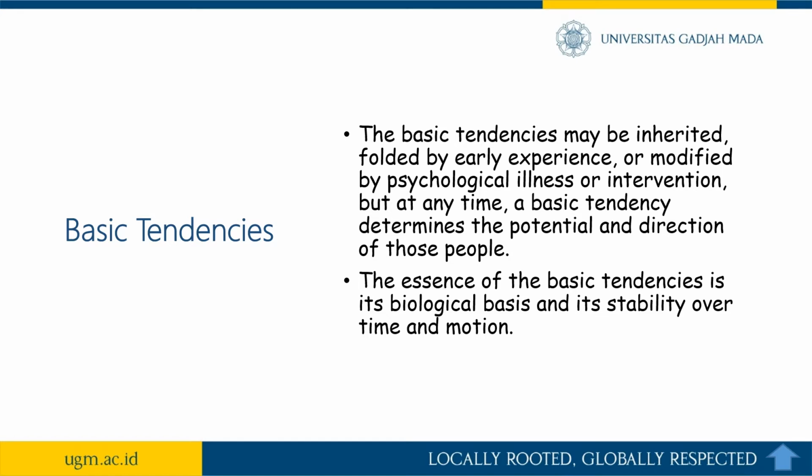So it's basically stable. Basic tendencies are the stable component of our personality traits. The essence of the basic tendencies is its biological basis and its stability over time and motion. So it's basically stable across time and across context and situation.